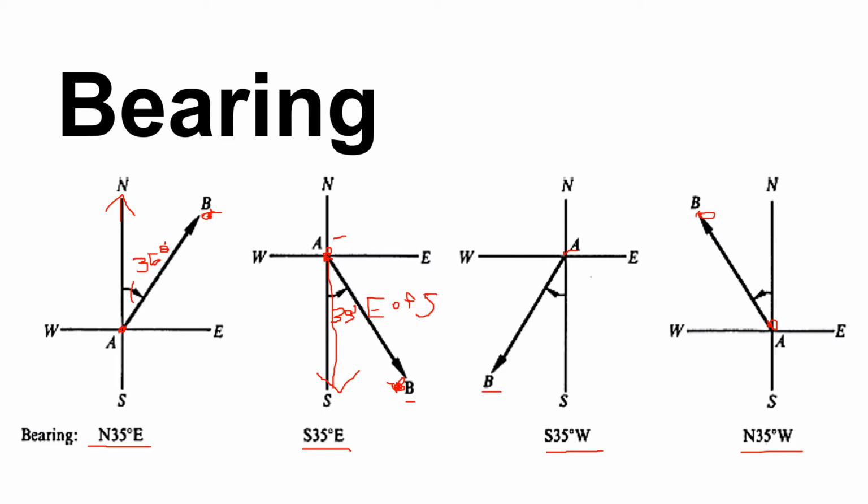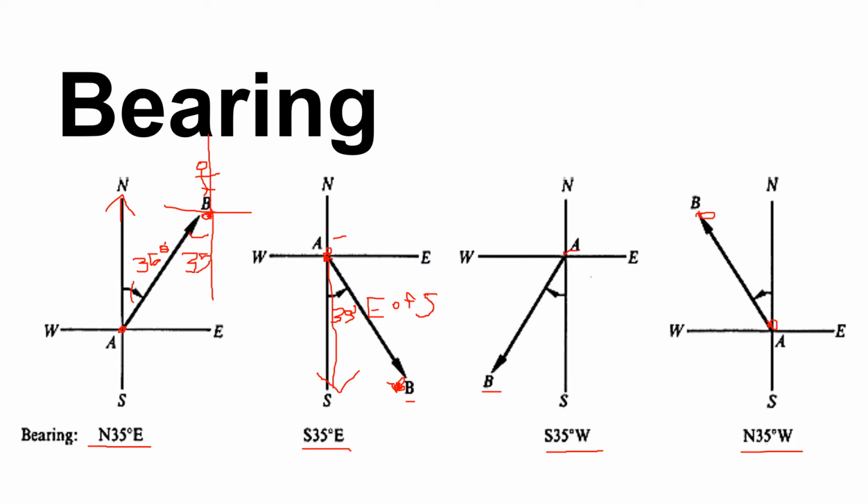What if you are in ship B? What if you are over here and you want to know the bearing of A? You want to know the bearing of ship A from ship B. Then using geometry, we can deduce that this angle is also 35.